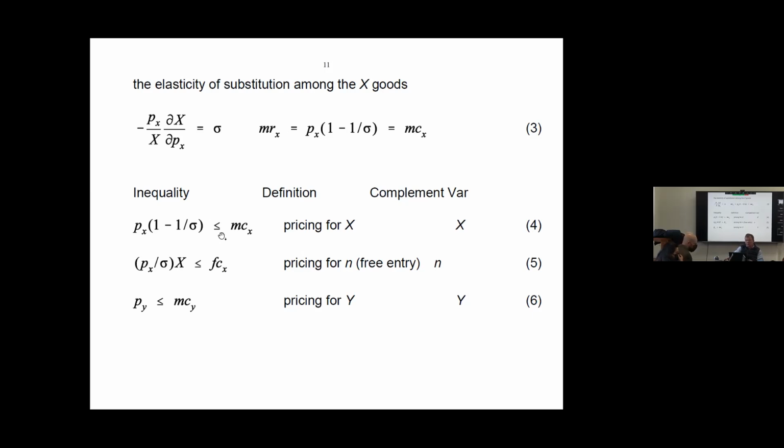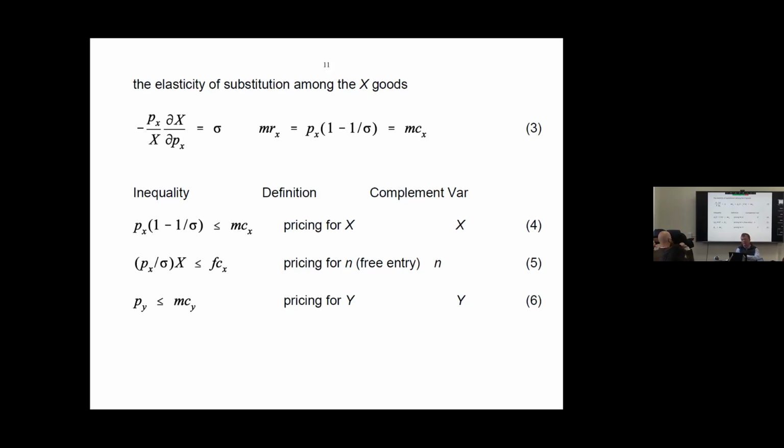The complementary variable for that is X. Secondly, there's a free entry equation that's complementary with N, the number of varieties. I guess I've kind of taken a shortcut here that maybe I shouldn't have done on the slide. But in this model, a simple way of writing the free entry condition is that a firm's markup revenues have to just cover the fixed costs.